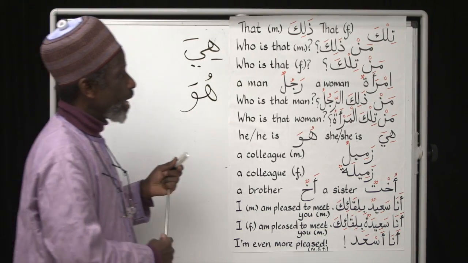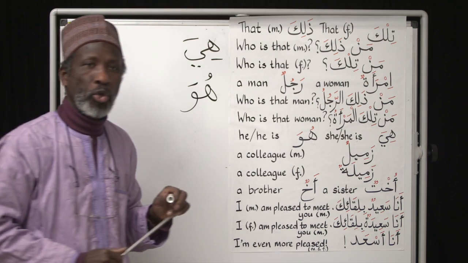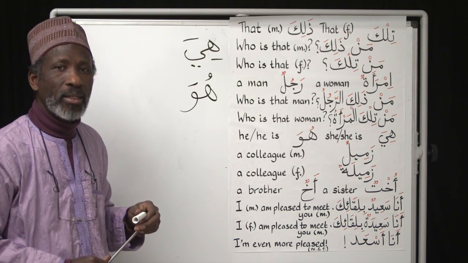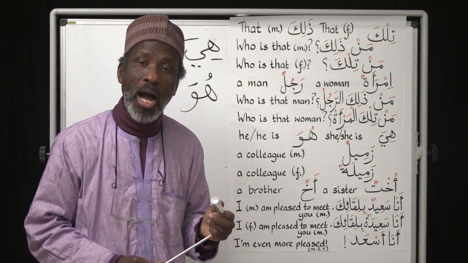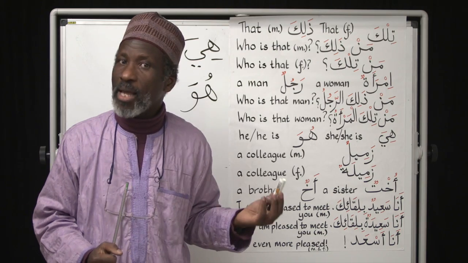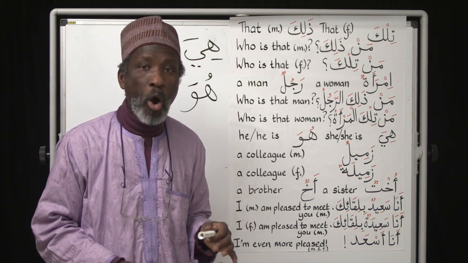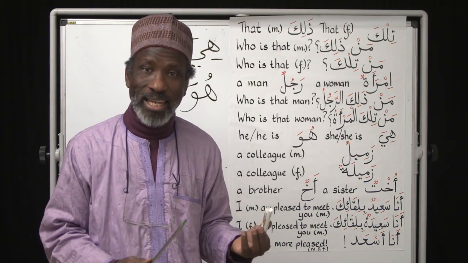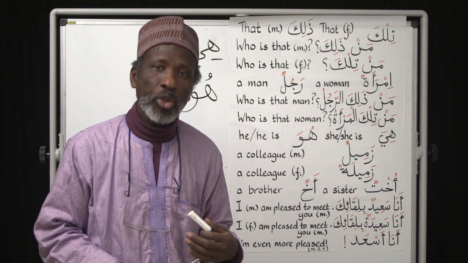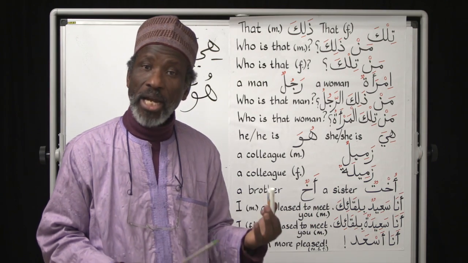So if I say man dhalika ar-rajulu, who is that man? I can say huwa muallimi, he is my teacher. Or huwa akhi, he is my brother. Huwa tabibi, he is my doctor.